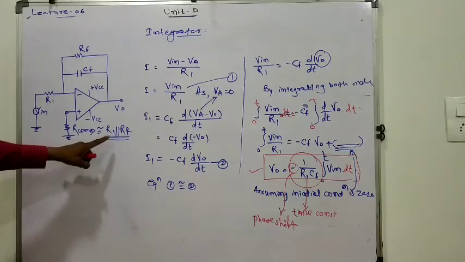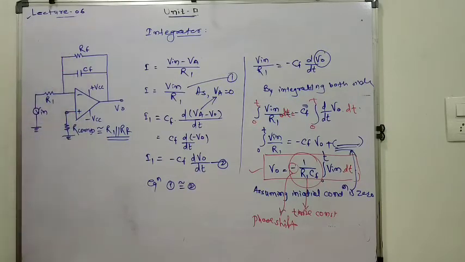So this is nothing but the compensating resistor, and this is the RF which is available in the practical integrator. So this is what the practical integrator circuit.